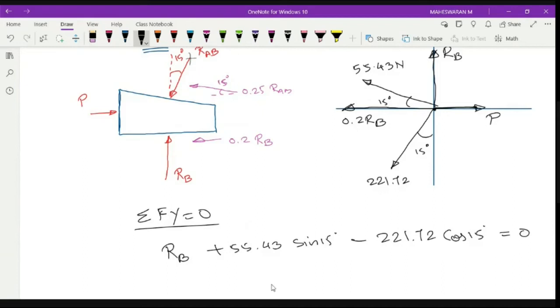This is equal to 0. So I can identify what my RB is. Just find the value of RB. I am getting 199.8, approximately 200. Are you getting the same value?